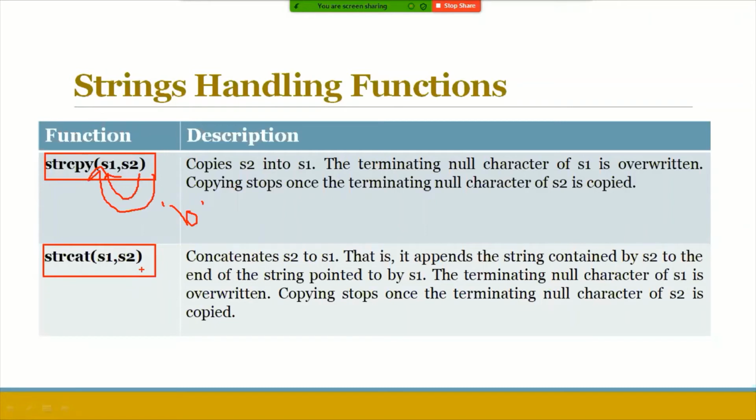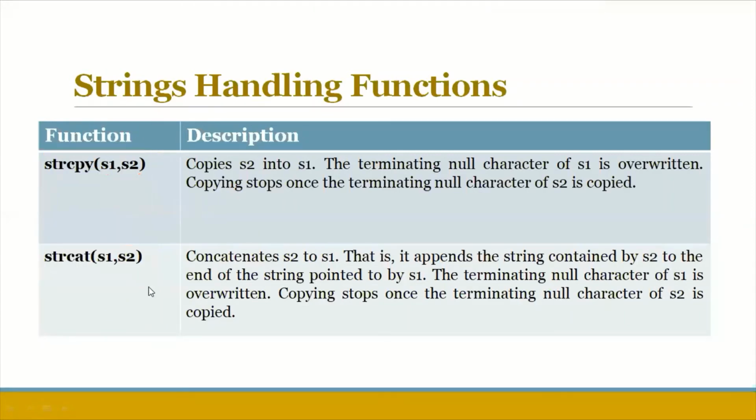In this case also, S1's terminating null character \0 is overwritten, and the second string's null character will not be appended at the end of the first string. That \0 null character needs to be copied explicitly. That is about string concatenation. The second string will be added at the end of the first string.